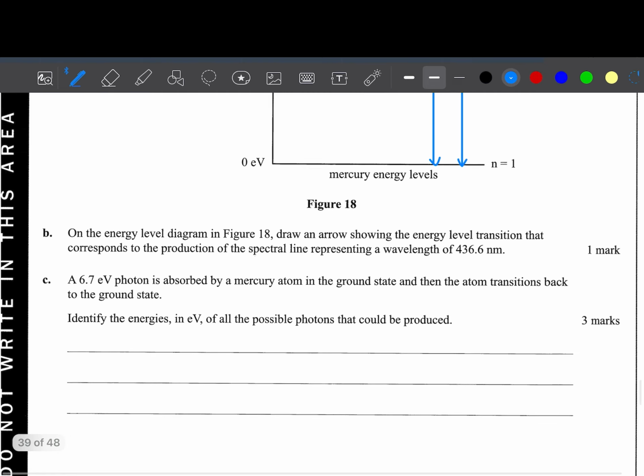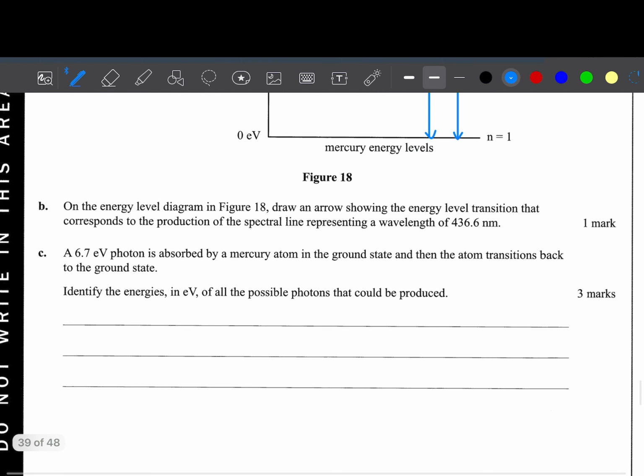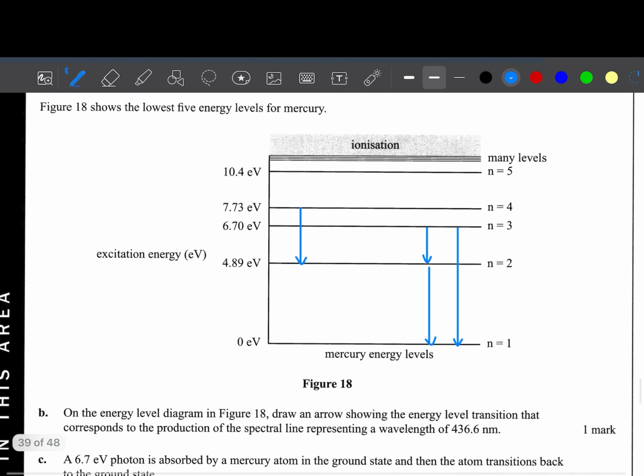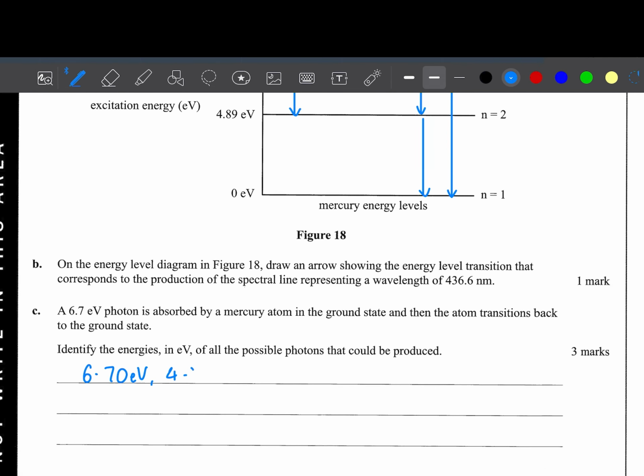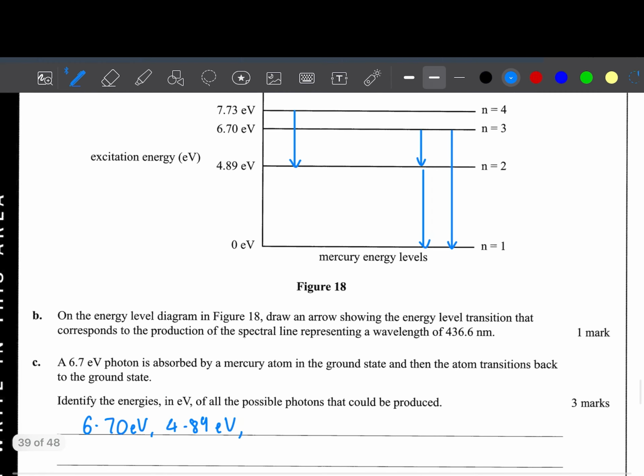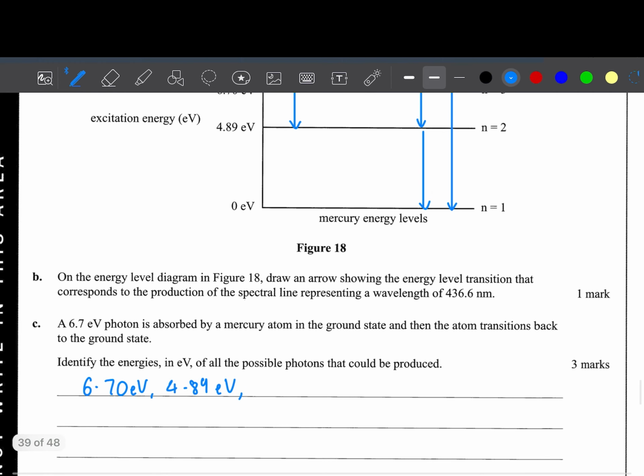So the answer is going to be 6.70 eV, and then there is 4.89 eV, and the top one, which would be 6.70 minus 4.89, so 1.81 eV. That should be it, I think.